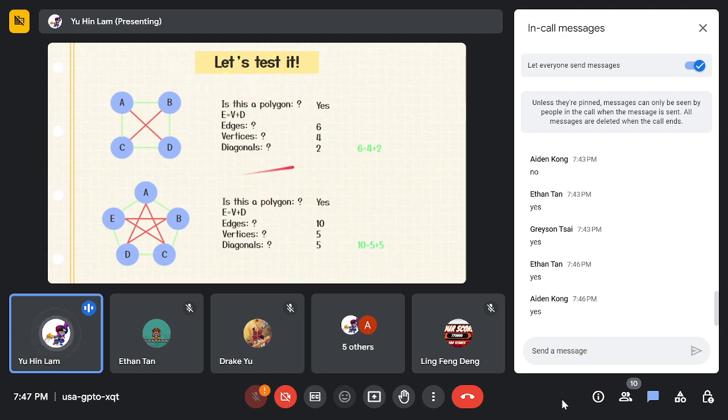Are there any questions about identifying if something is a polygon, counting edges, counting vertices, or counting diagonals? Okay, so let's continue.